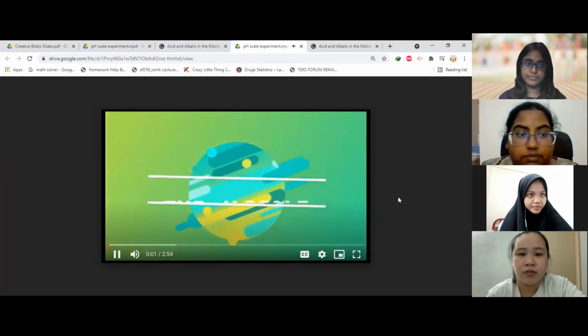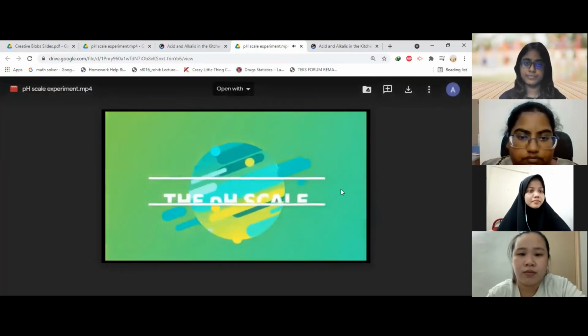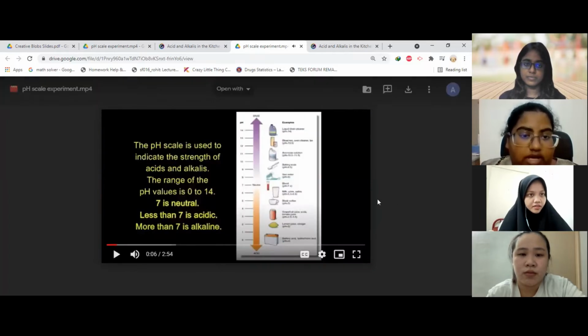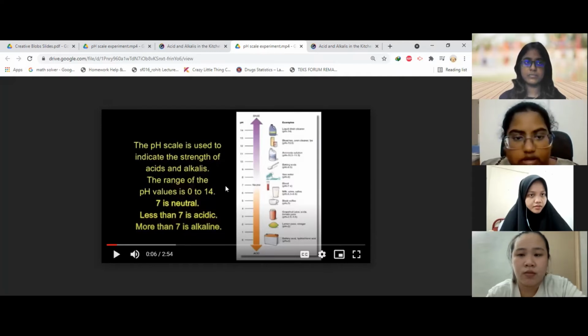Okay, the pH scale. The pH scale is used to indicate the strength of acids and alkalis. This means how strong an acid or alkali is, whether it's more acidic or more alkaline. The range of pH values is 0 to 14.